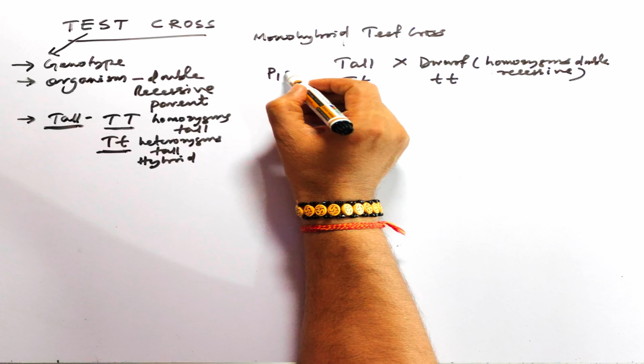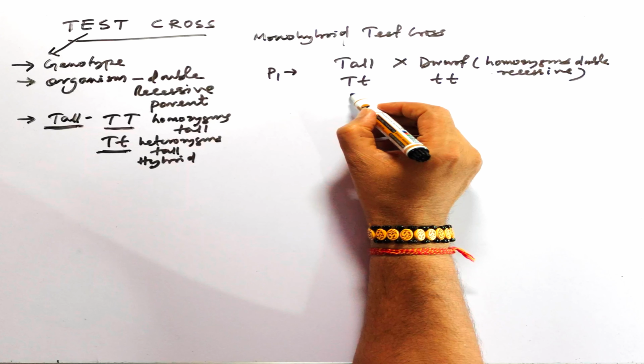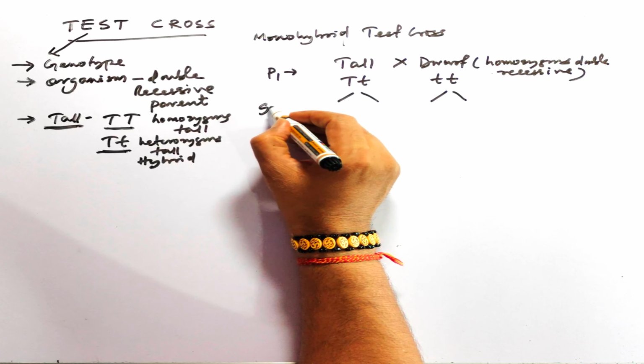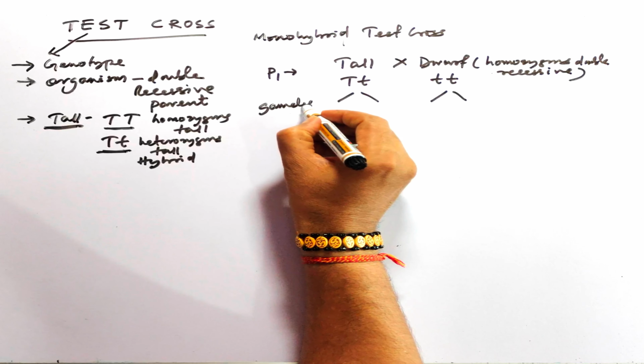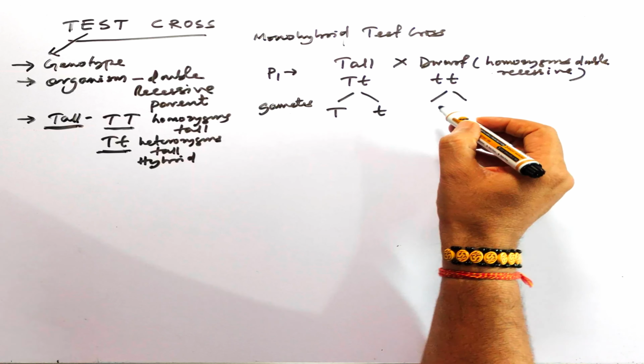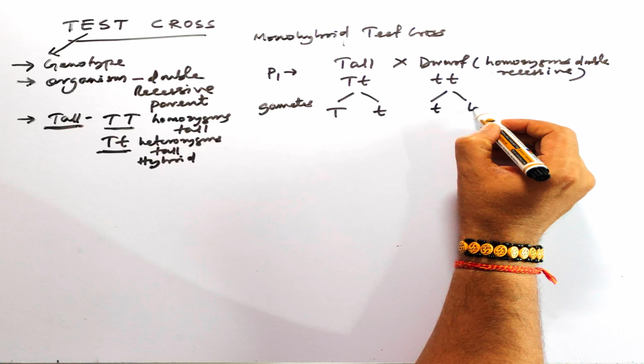So this is P1. Then there is gamete formation. This will produce capital T and small t gametes, and this will produce small t.